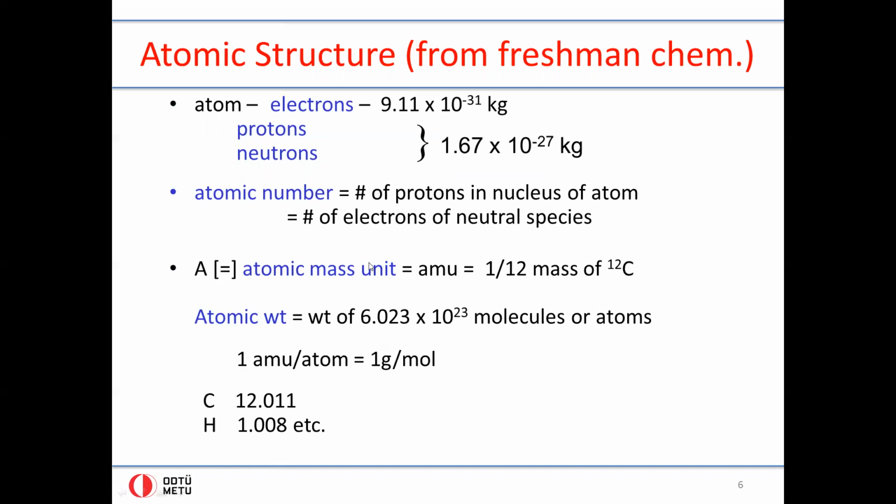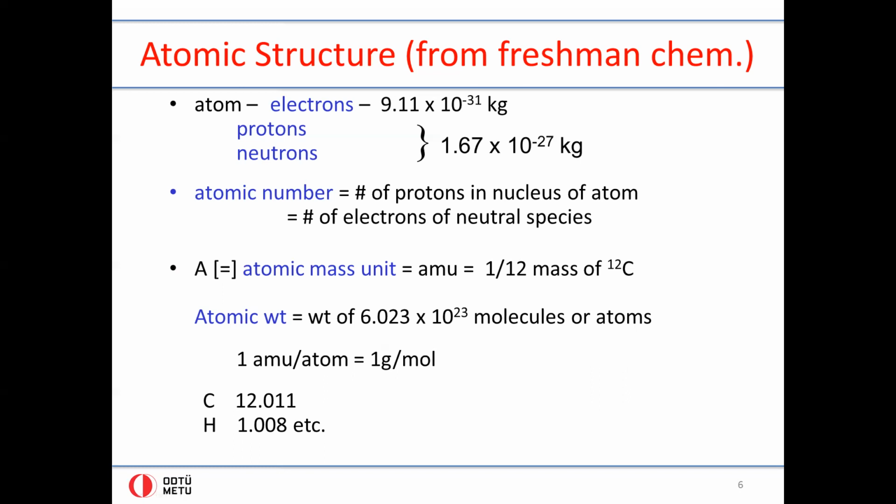And the atomic mass unit is one way of referring to the mass of atoms of different elements. And it is fixed as 1/12 of the mass of the carbon atom, which is said to have about 12 gram per mole mass.